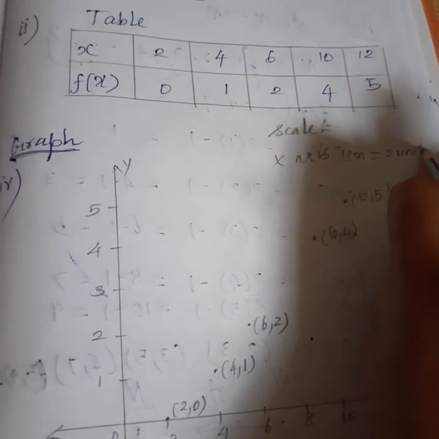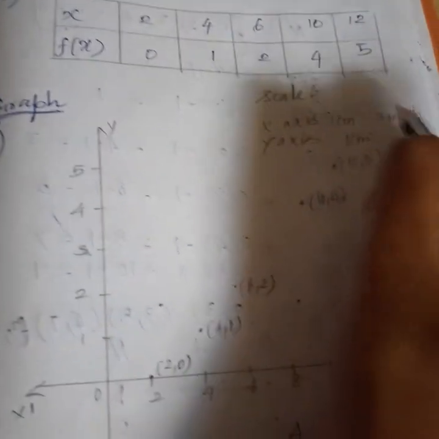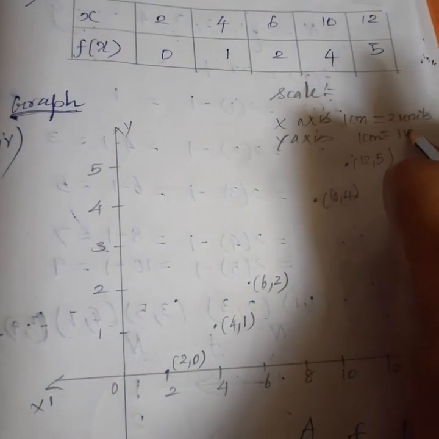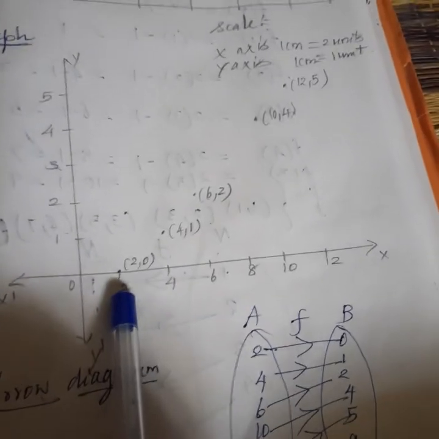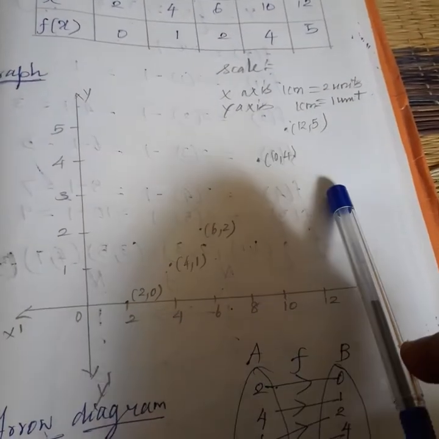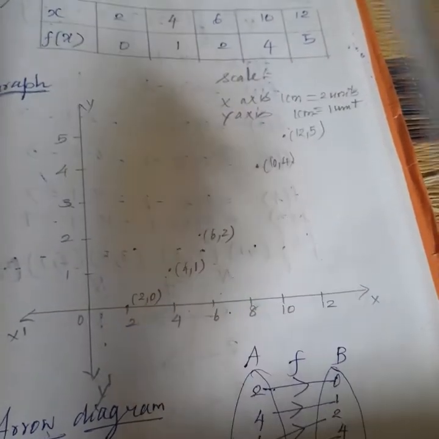Am I right? The same way on the y axis, 1 centimeter, which is equal to 0, 1, 2, 4 is there, so 1 unit I am taking. All right. Now just see here, I have plotted the points. Please don't join it. It is not required to join, so please don't join. Just plotting the points is more than enough.